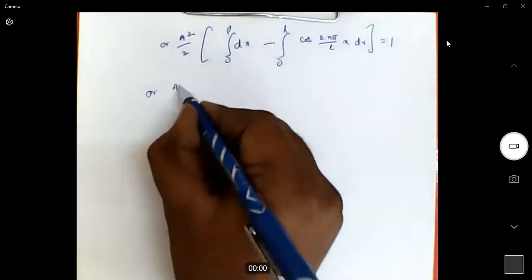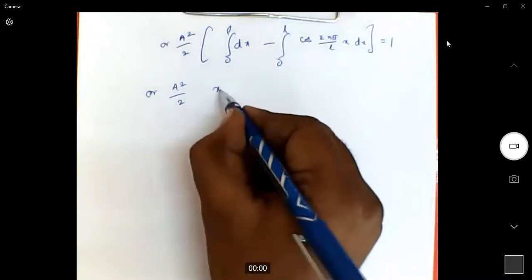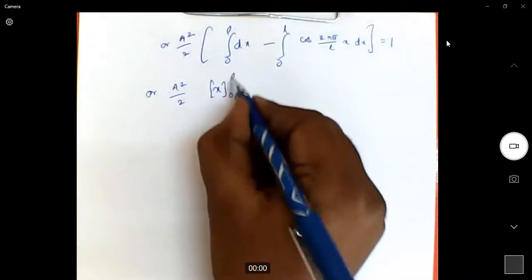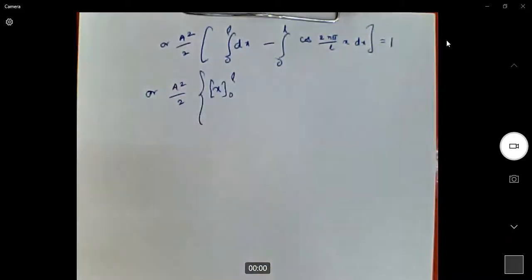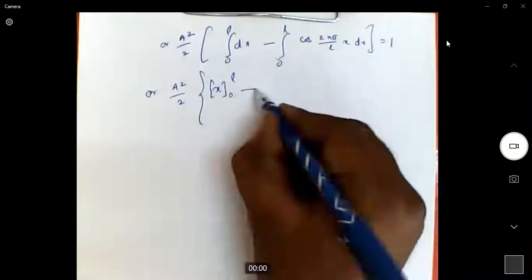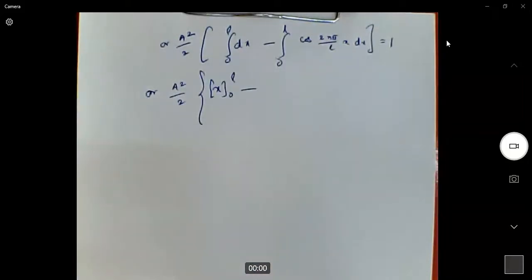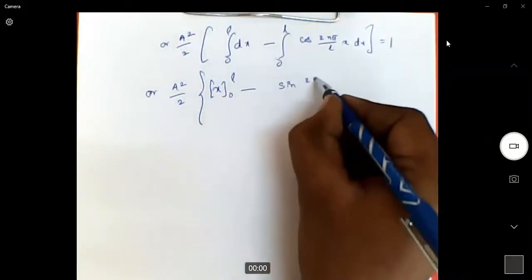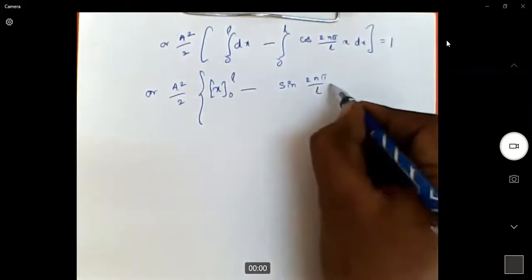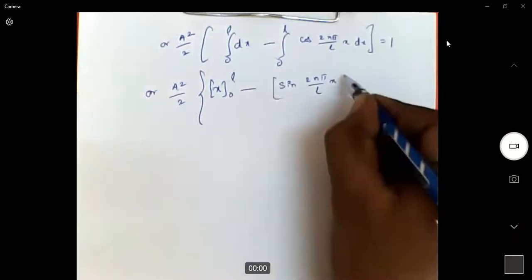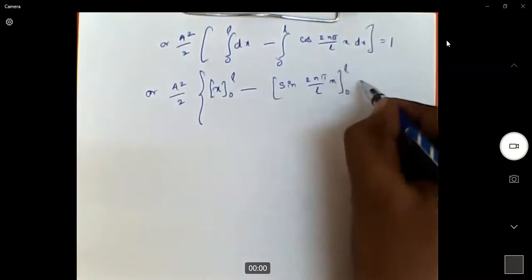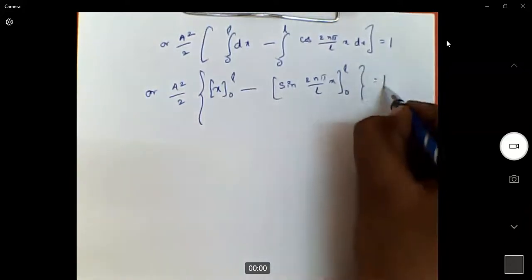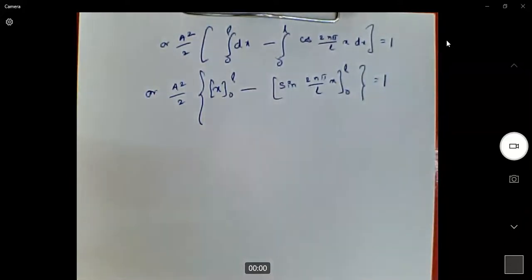Integration for dx is x between the limits 0 to L. And what is the integration for cos x? For cos x, it is sin x. So sin(2n pi by L into x) between the limits 0 to L is equal to 1. These are the limits, right?